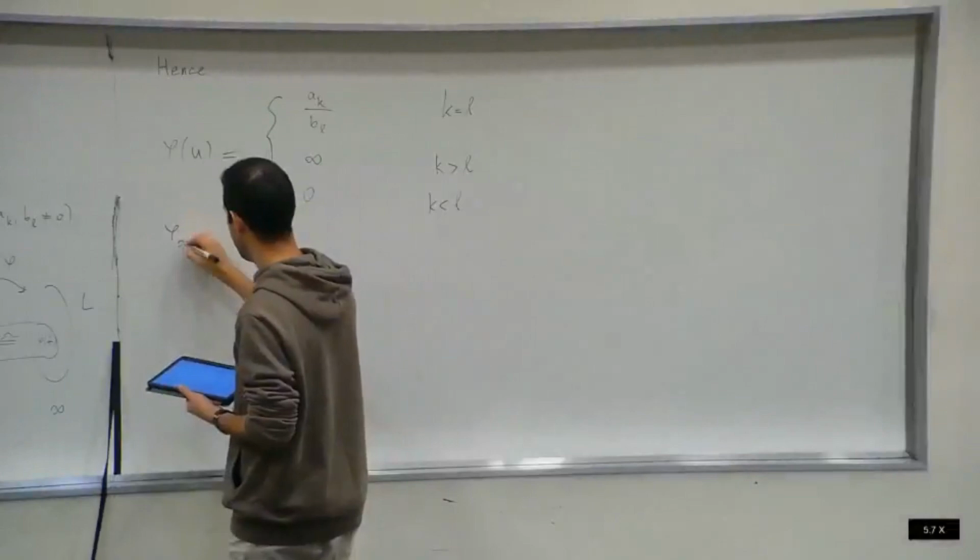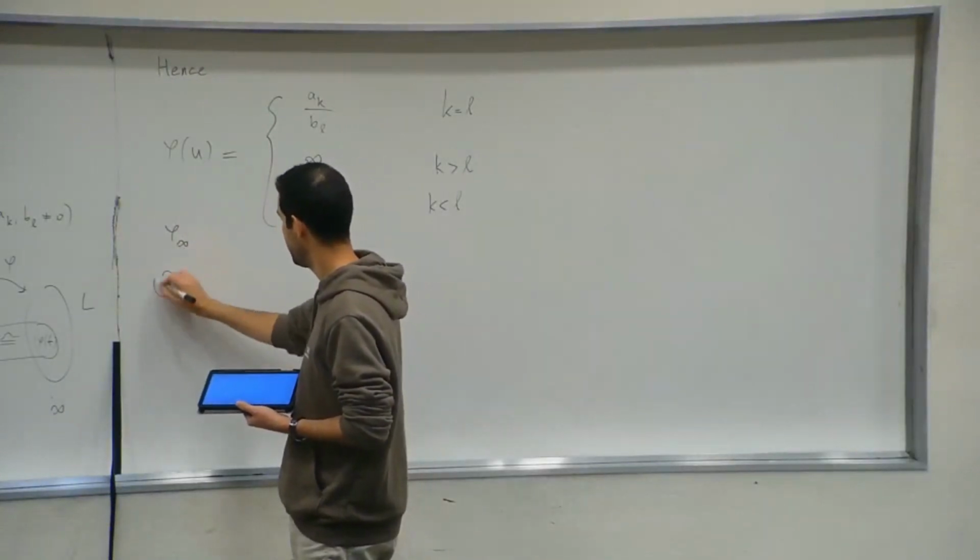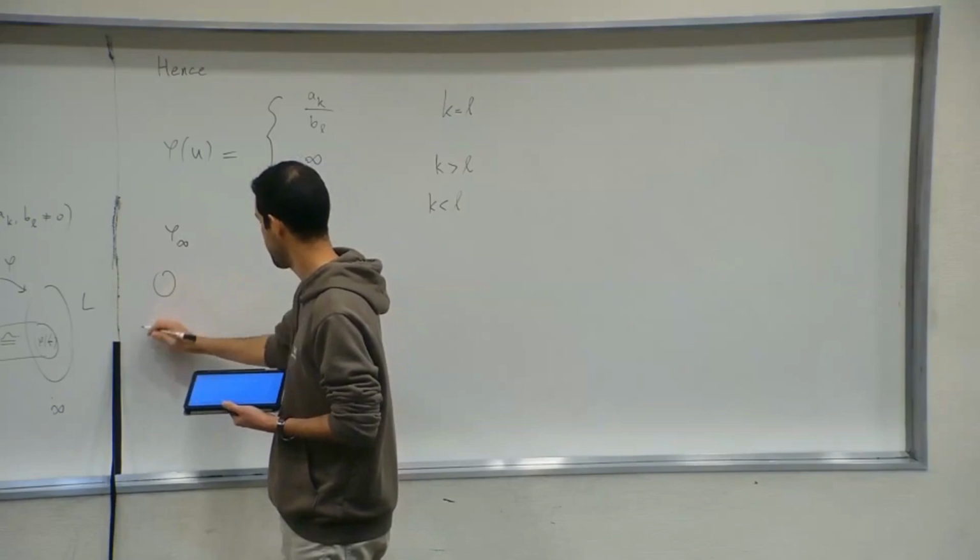So this place is often denoted as phi infinity, and what is the corresponding valuation ring?